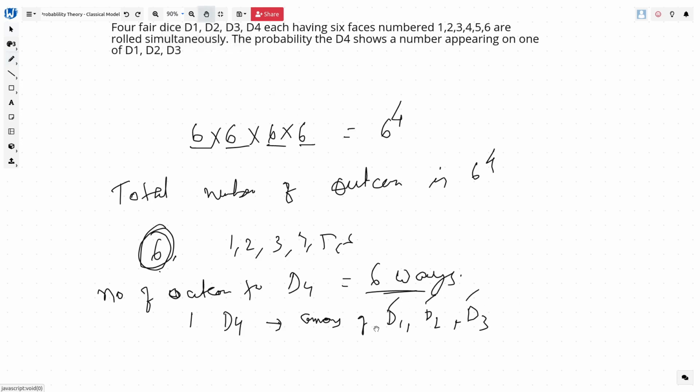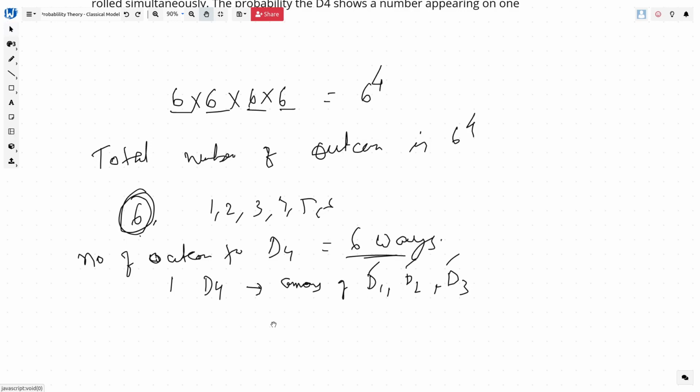So how many ways can this be arranged? First we have to select 1 out of 3, so that can be done in 3C1, that is 3 ways, right? So in one of the cases this one has appeared, that is 1.